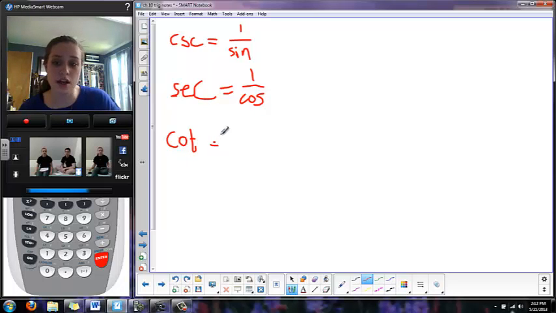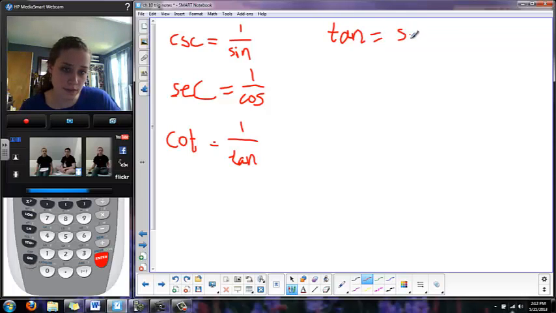We're going to use the quotient identity more often than this one, but it's helpful to know where we get it from. Tangent is equal to sine over cosine. Cotangent is cosine over sine.